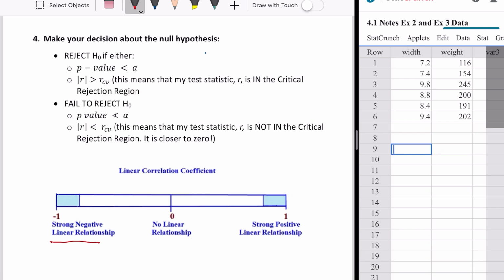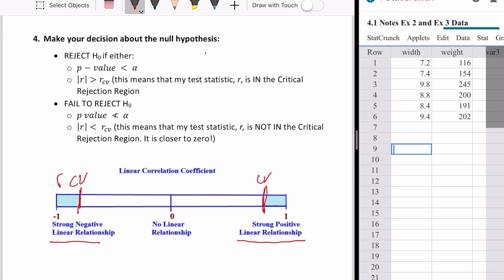Not going to happen with sample data. And then +1 is a perfect positive linear relationship, which means all your points lined up in a perfect line that had a positive slope. So as I get closer to those, I'm going to have critical values that will cut off that rejection area. And those are R's.